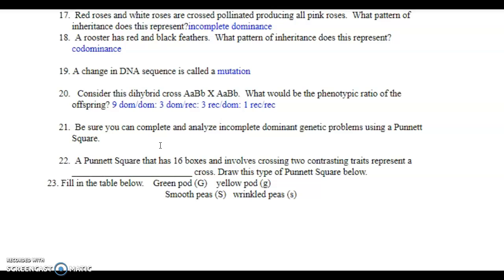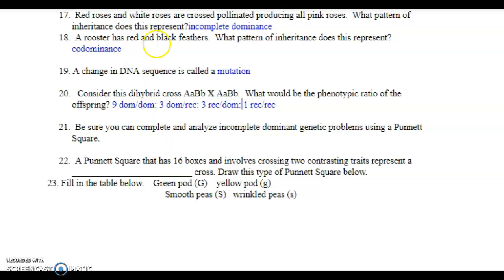21 says be sure you can complete and analyze incomplete dominant genetic problems using a Punnett square. In incomplete dominance, we're going to use different letters for the traits, but they're not going to show up together. If we get a heterozygous state, it will be a blending of those two traits.